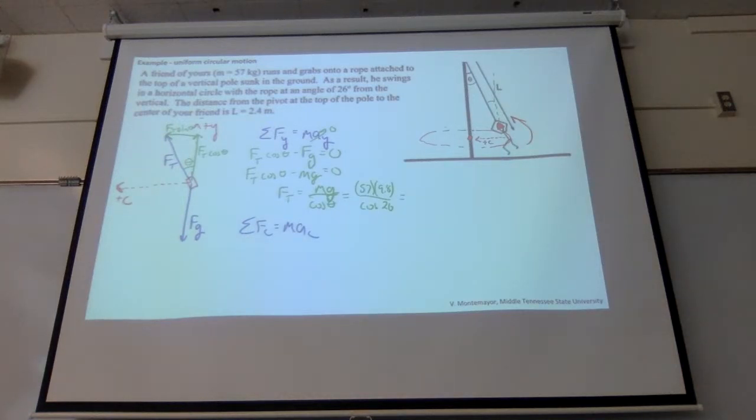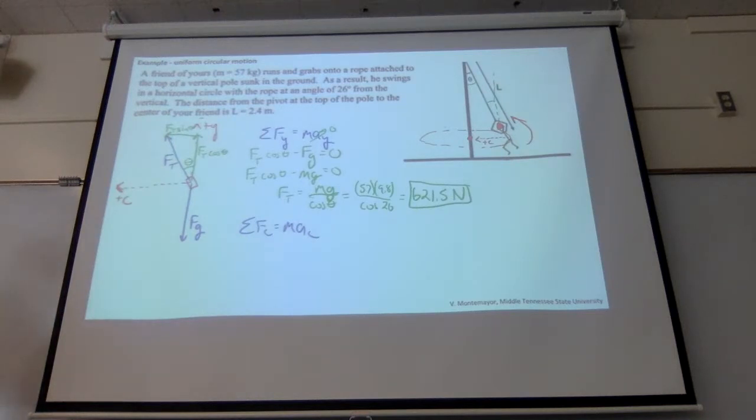Anybody want to be stubborn and not? Anyone who wants to be stubborn is certainly not going to answer that question. 621? That sounds pretty good. Point 49. 49.5. Good. So we've got the tension.